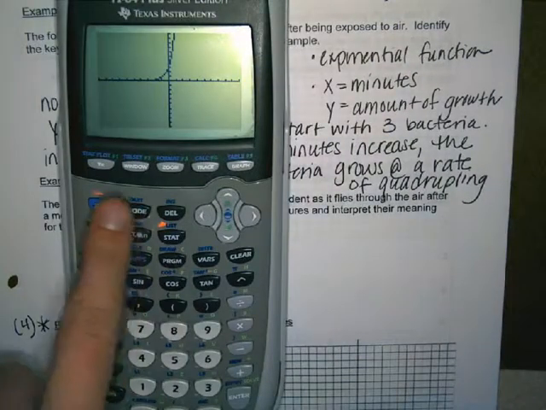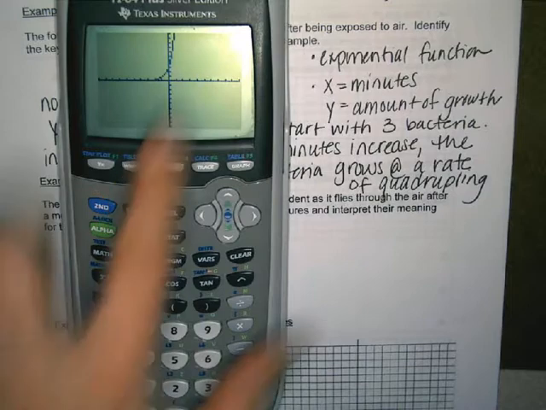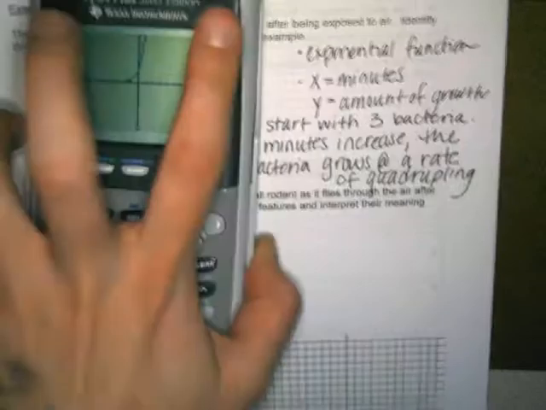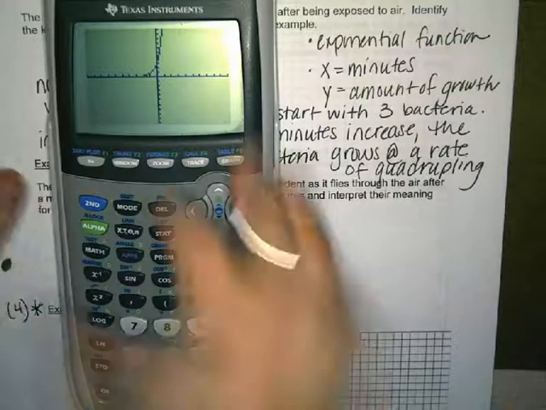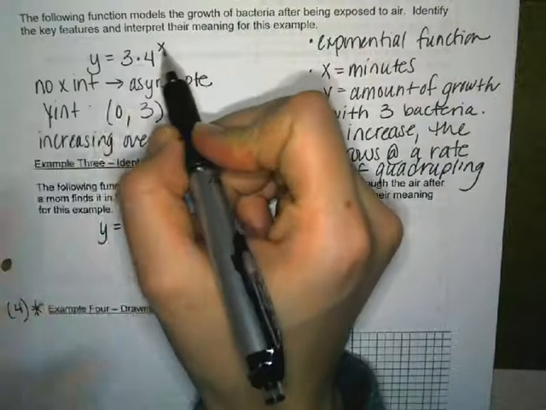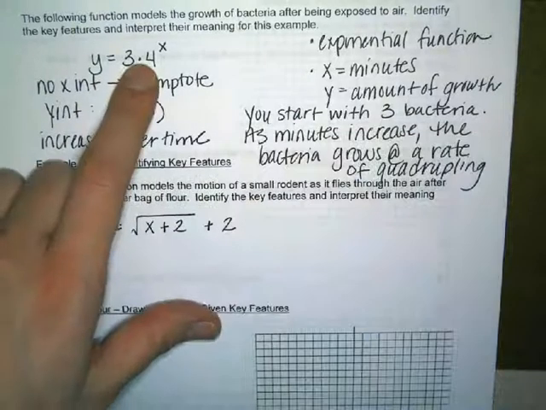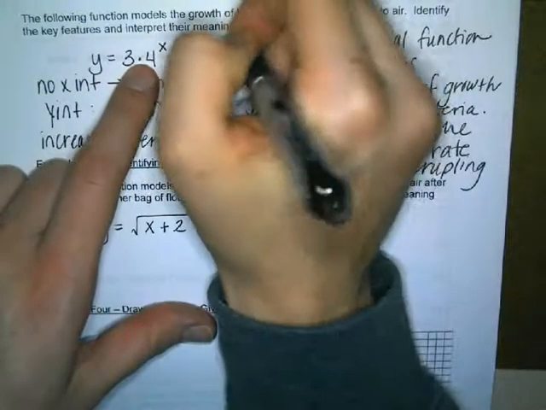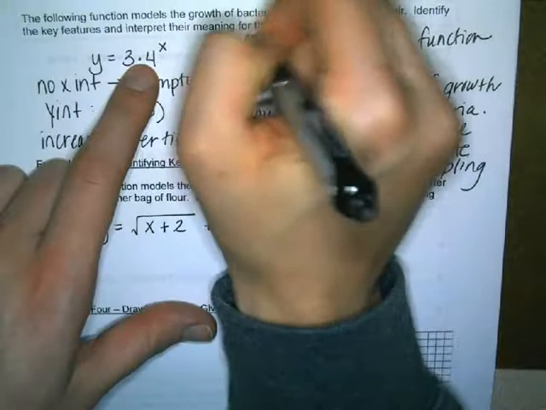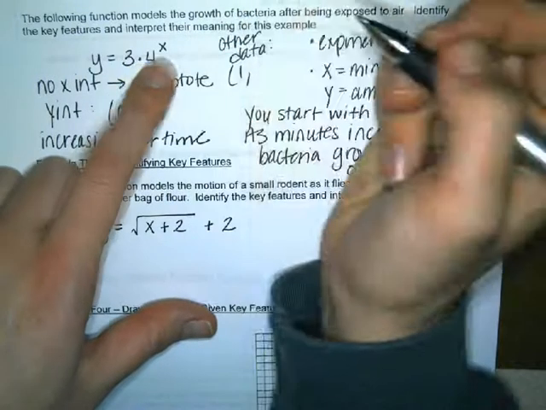So just to kind of show what that means, if I was to plug in 1 here, so after 1 minute, I would have, let me write that here, other data. After 1 minute, I've increased to 12.